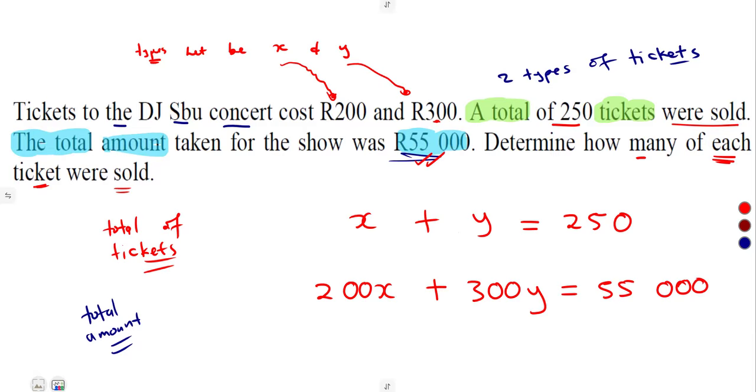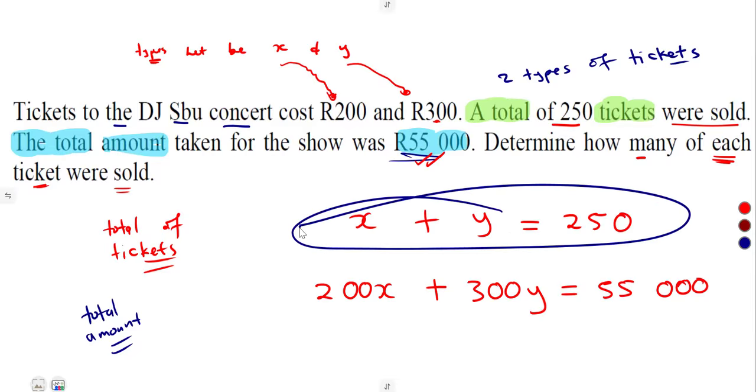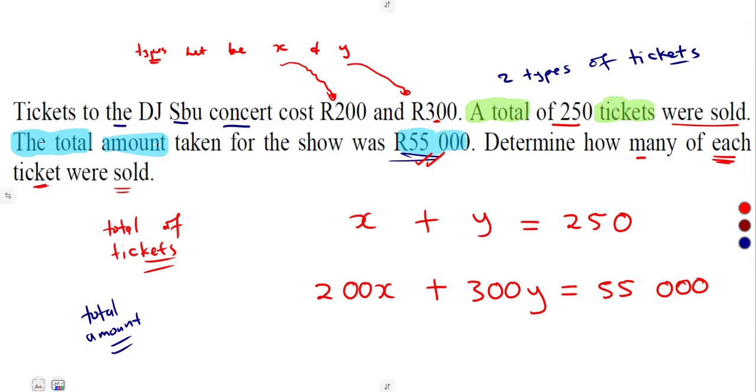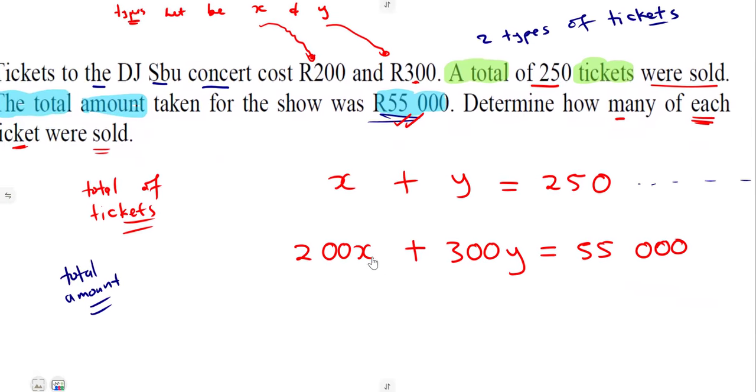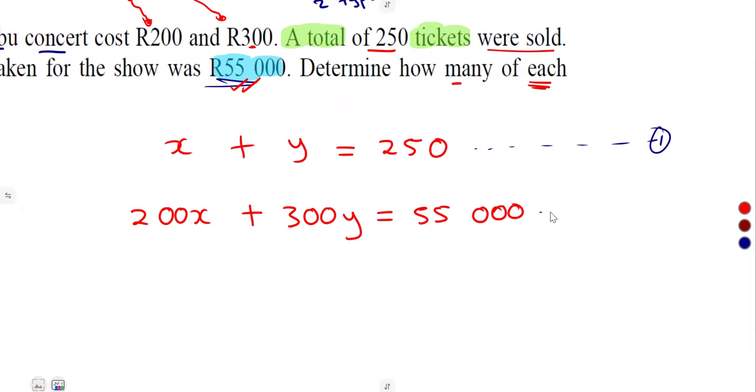So we can see that from the total of tickets, we obtained an equation in X and Y, two unknowns. From the total amount which was taken, we formed another equation in X and Y. Two equations were formed, simultaneous equations. We are back to our simultaneous linear equations where you can solve.